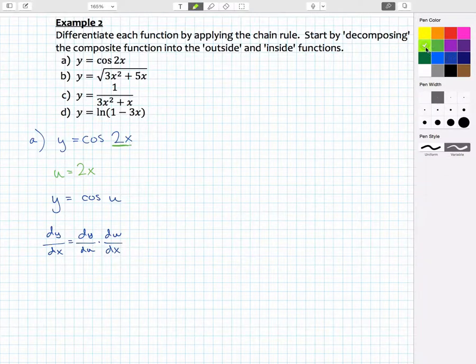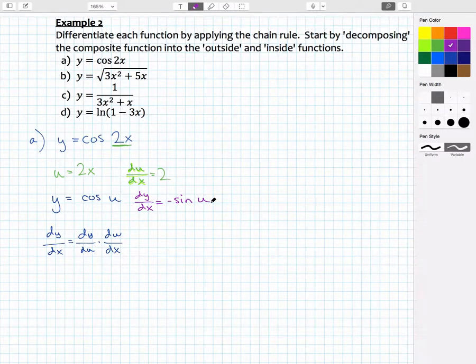So the derivative of u with respect to x, du dx, that's a little bit hard to see. Try that again. Du dx is simply 2. And then the derivative of cosine, we've just recently learned, is negative sine of u.